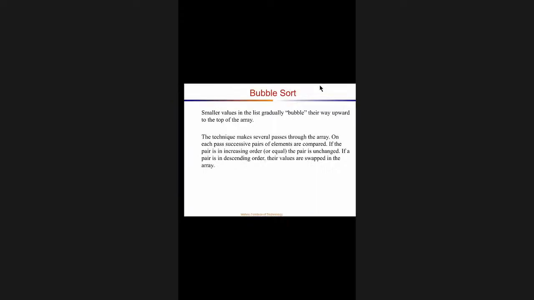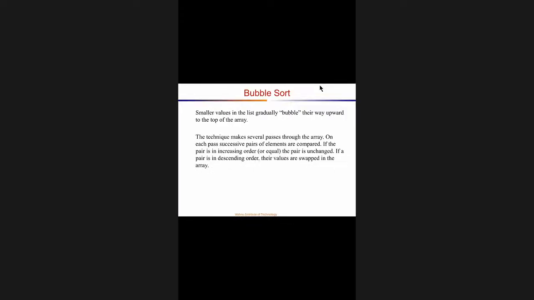You can implement sorting, and there are plenty of algorithms for it. In this session, one of the algorithms is the bubble sort algorithm. In bubble sort, the elements are arranged in increasing or decreasing order.